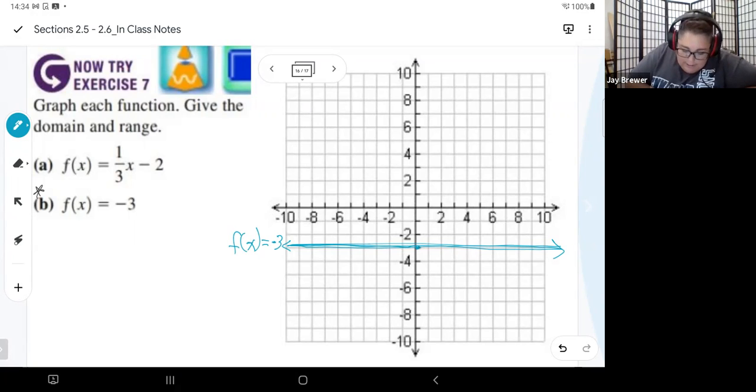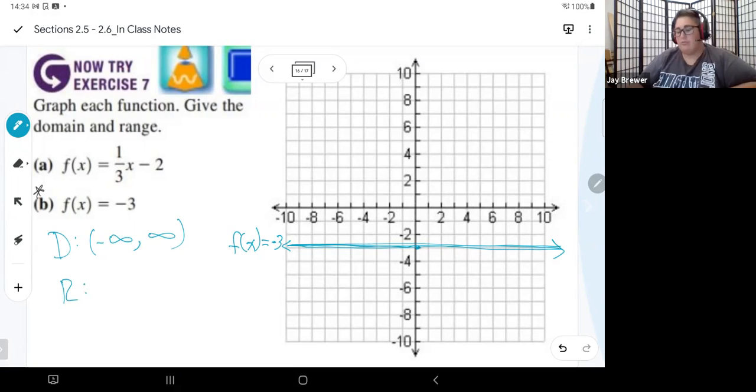What you can notice here is that your domain, again, it's a linear line, so it's going to be negative infinity to infinity, but pay attention to your range. Do you go the entirety of the y-axis? If you were to describe what's going on with the y-axis, you're not hitting every point on the y-axis, are you?